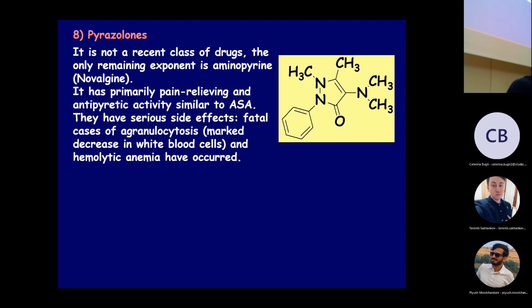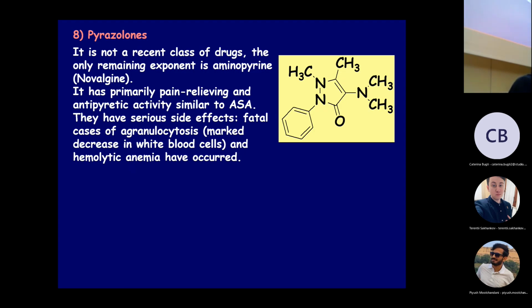But it has also serious side effects. In particular, you see fatal cases of agranulocytosis, marked decrease in white blood cells, and also hemolytic anemia.